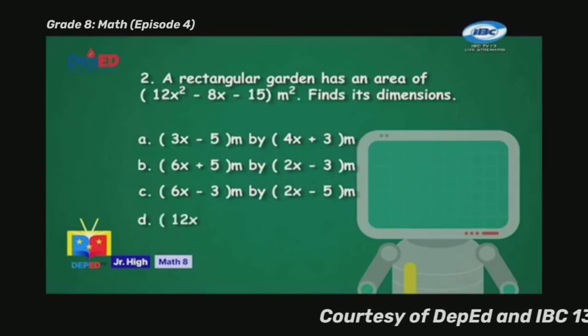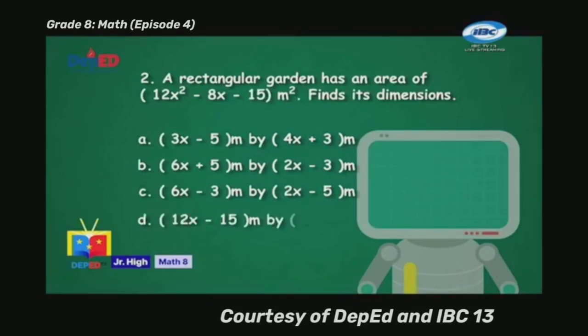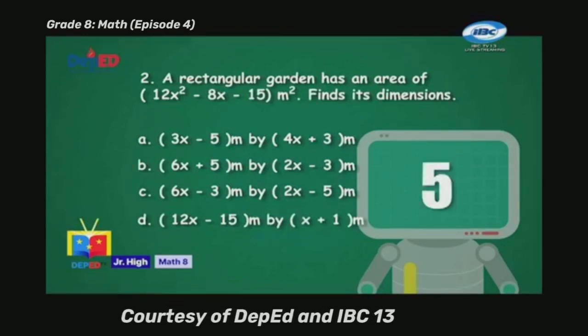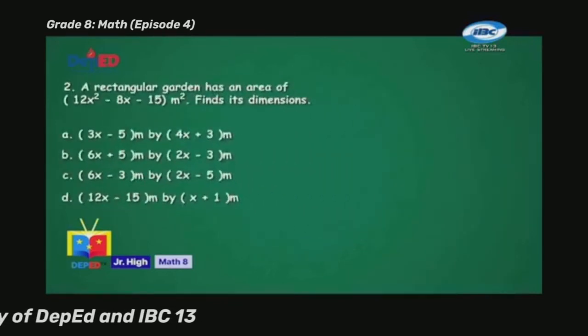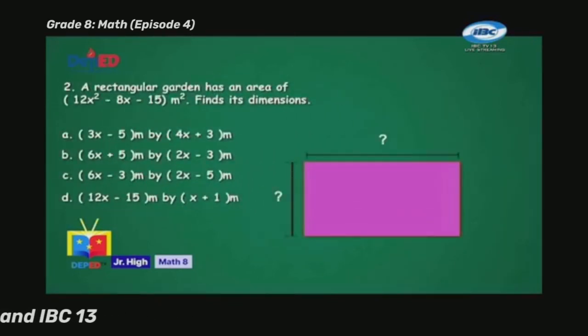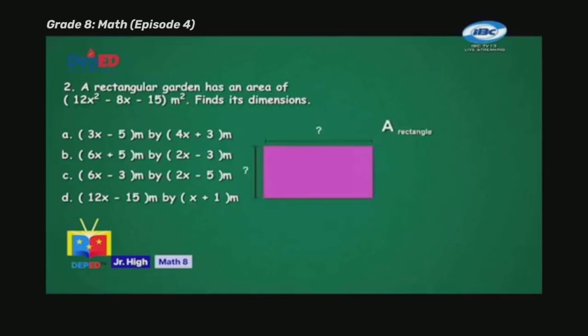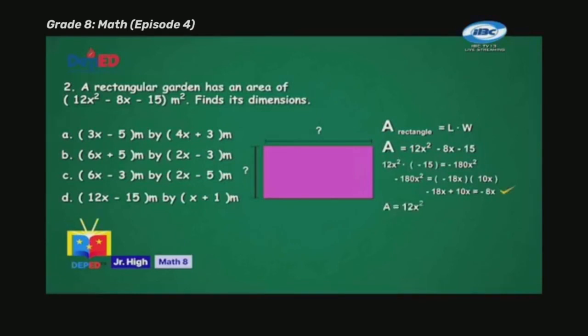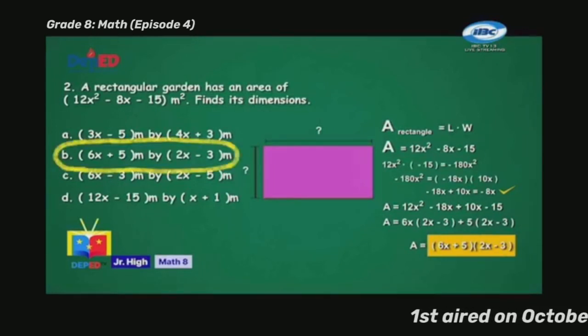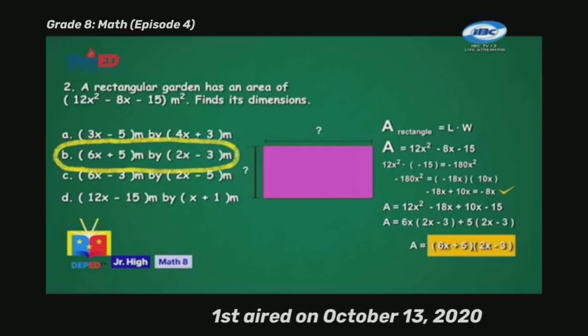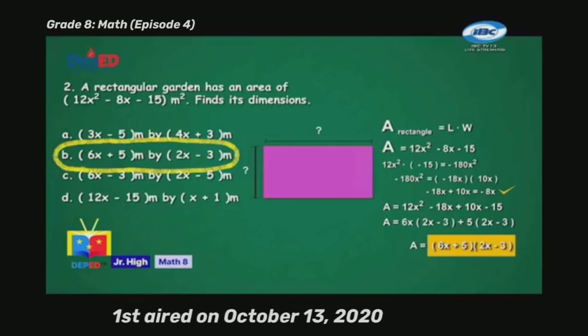Or D, 12x minus 15 meters by x plus 1 meters. The dimensions are given by letter B, 6x plus 5 meters by 2x minus 3 meters.